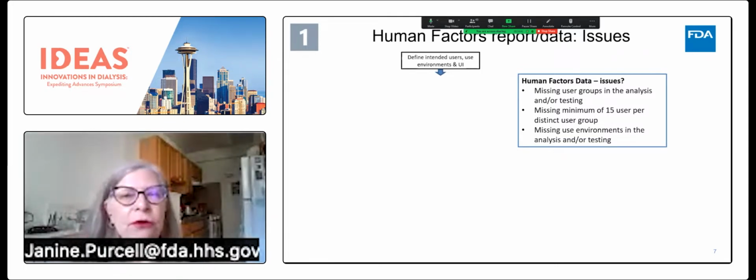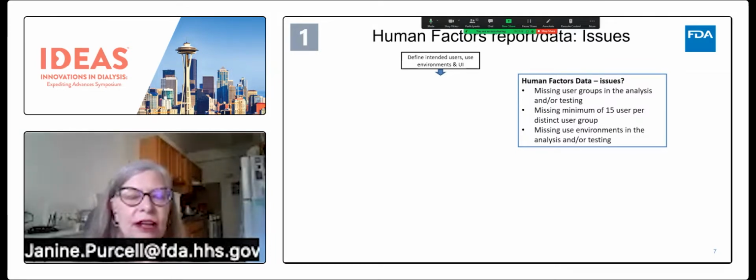And then when it comes to home use, you have caregiver users and patient users to consider, and you need to understand how you are going to define those user groups and describe them in terms of their characteristics: their demographics, literacy levels, and, for your patient users, the kinds of impact the disease state has on them cognitively and physically, as you will consider that in the design of your device.